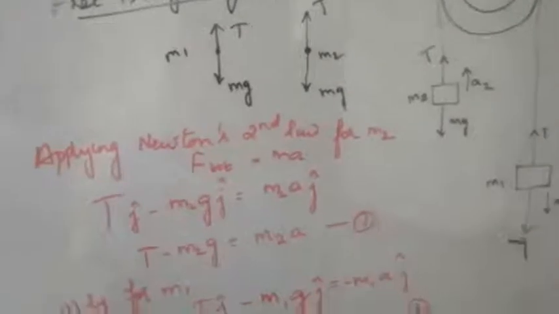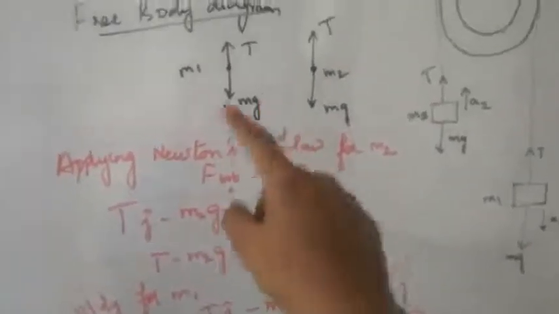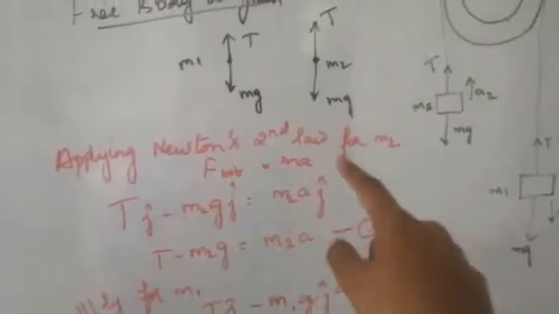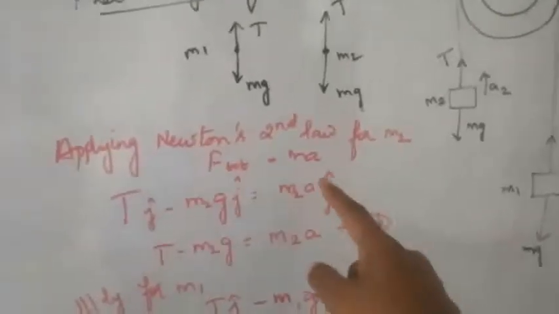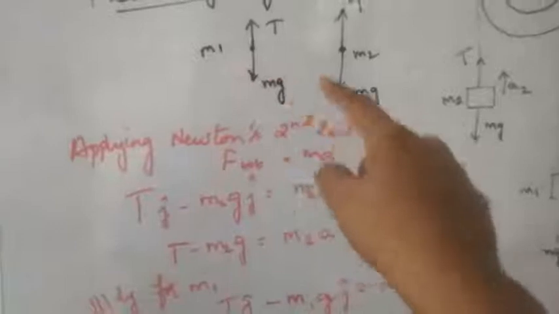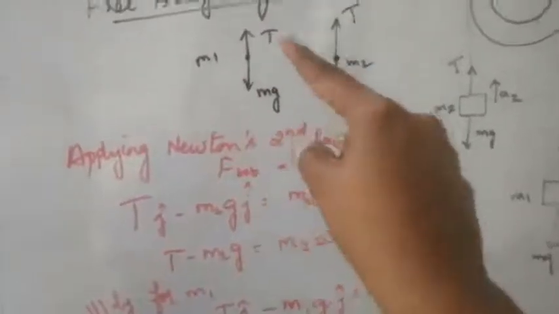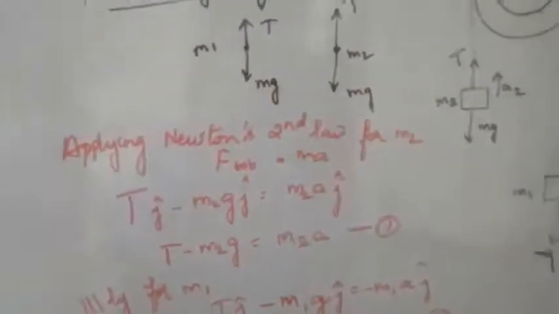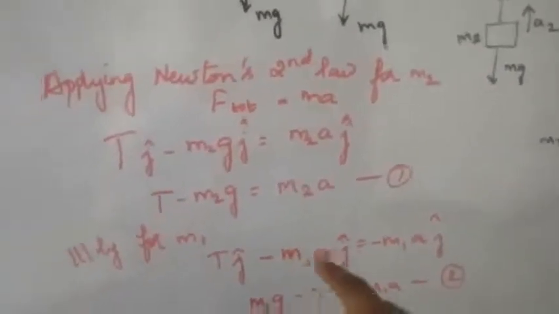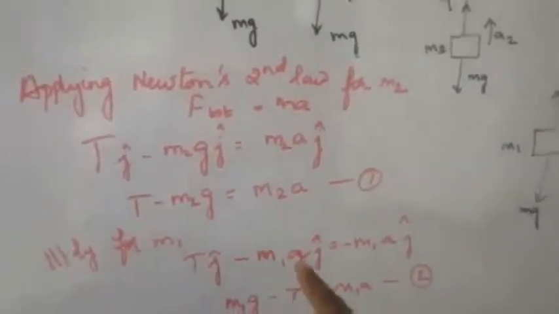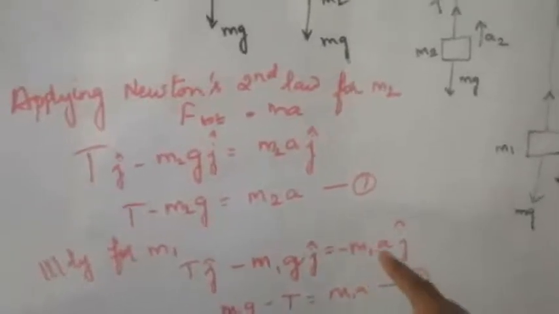Okay. Similarly for mass 1, we apply the same Newton's second law. Newton's second law is total F is equal to ma. Here also, what is the total force? Tension and mg, two opposite directions. So T minus m1g, since it is for mass 1, equal to m1a.